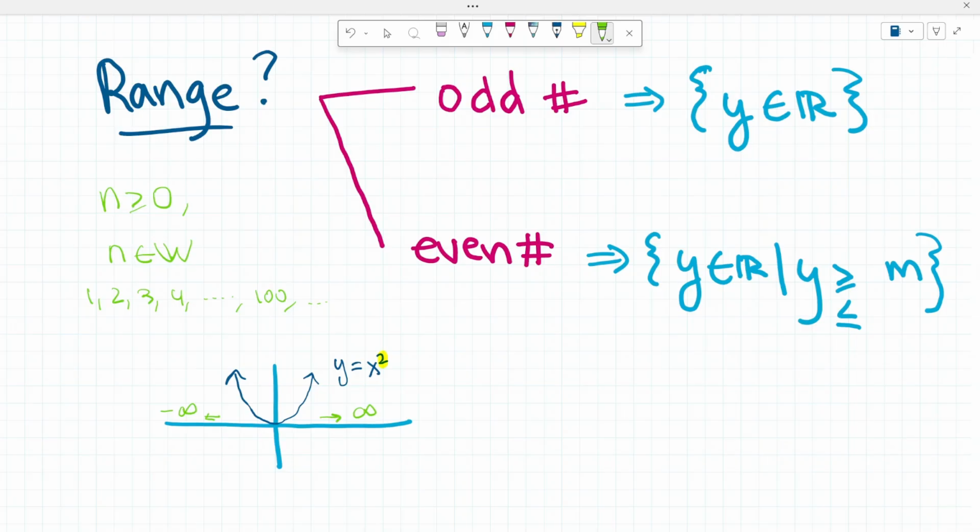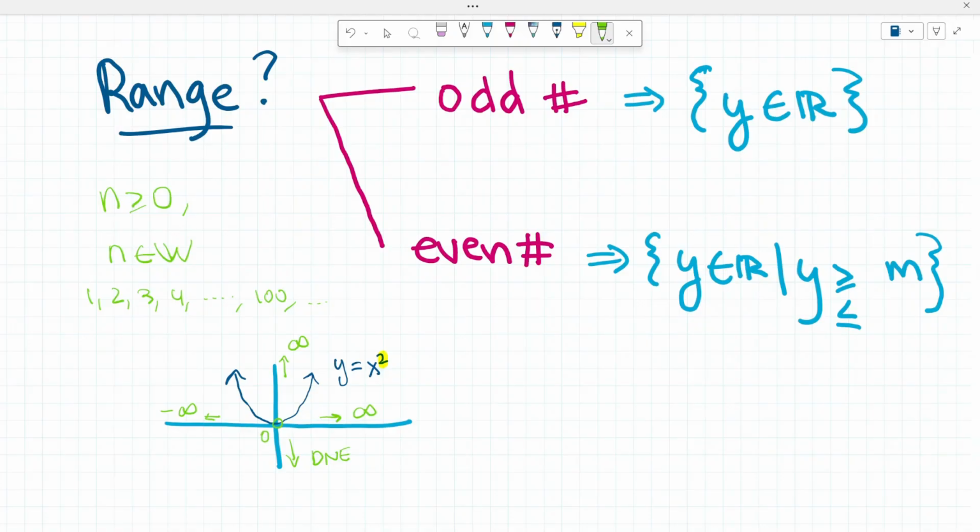But what about our y value? We see that we can take any value as y approaches positive infinity. We will go from all those values, but we can see that our function does not exist past this certain point. In this case, since it's pointing upwards, we have a positive leading coefficient, and that means that we can take any value greater than or equal to its lowest point.